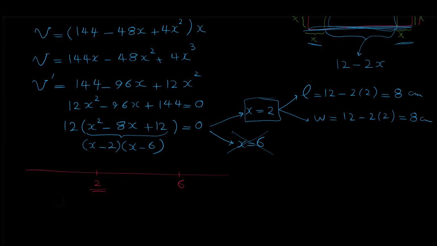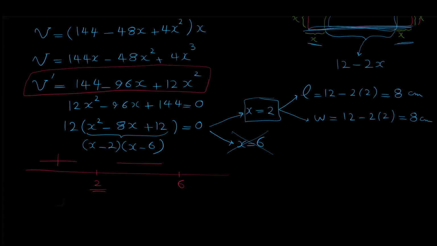If we use a test point like 0 for this region, and we plug in 0 in V prime, V prime at 0 would be positive. If we use a test point between 2 and 6, like 3 or 4, and we plug in for x, V prime is negative.